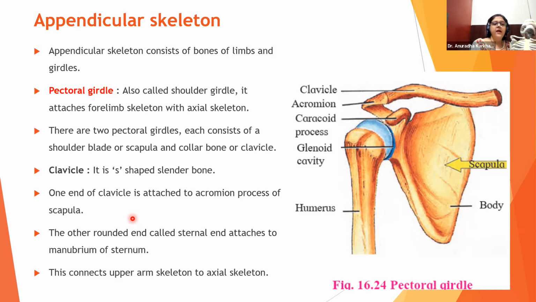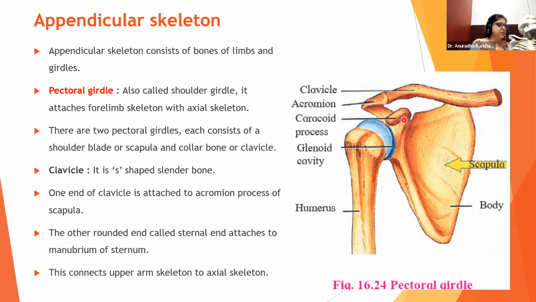Okay. Then this connects the upper arm skeleton to the axial skeleton. So very clearly seen in the diagram, you can see it also. I'll talk about the limbs, of course, that is humerus, ulna, where is it, I'll tell everything. Right now focus on this clavicle. This is the acromion process, which can be seen very clearly in this particular one also. ये जो ऐसा यहाँ पर आ रहा है वो acromion process.